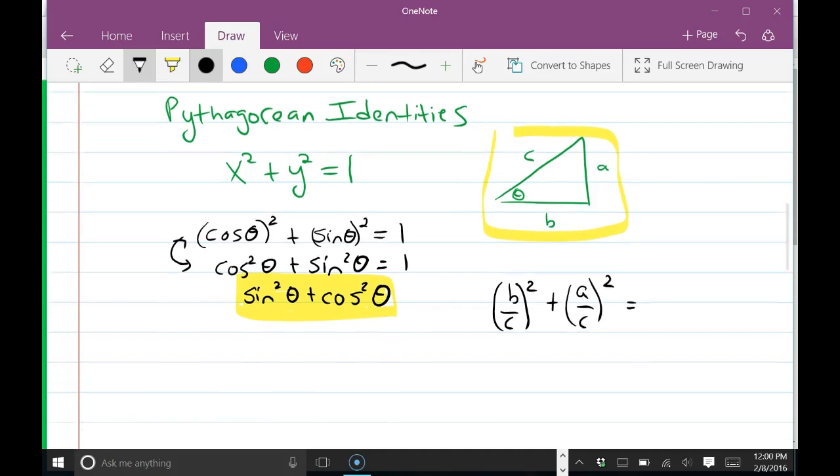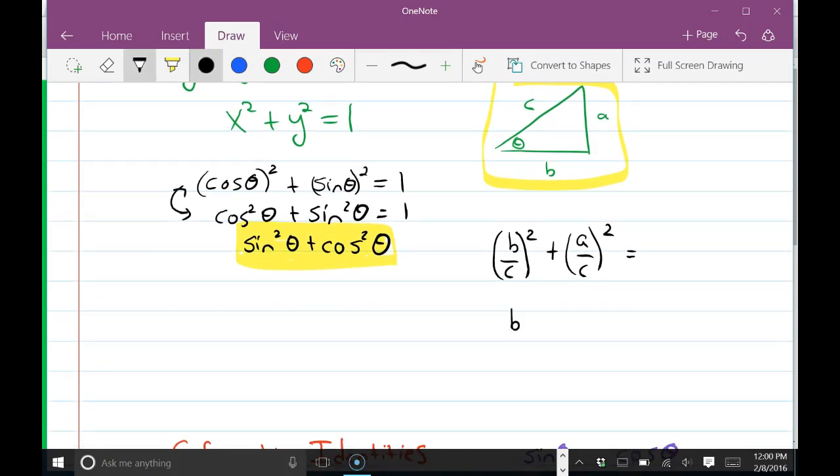That's going to be the same as b squared over c squared plus a squared over c squared. Well, a squared plus b squared, we know in the right triangle, is always c squared, and c squared over c squared will equal 1. Let me just finish the statement over here. This is our first Pythagorean identity.